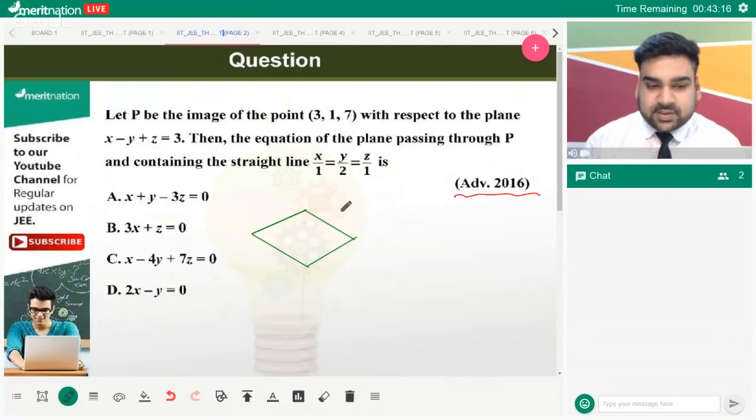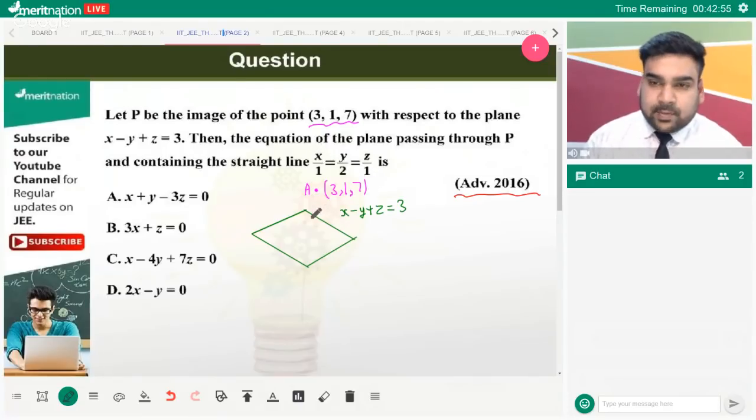This is the plane which is given to us. Its equation is also given, which is x minus y plus z equals 3. Now there is a point given to you. Let's call it A. Its coordinates are 3, 1, and 7.